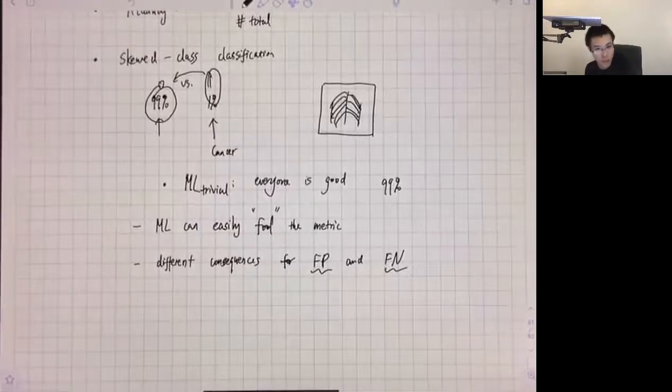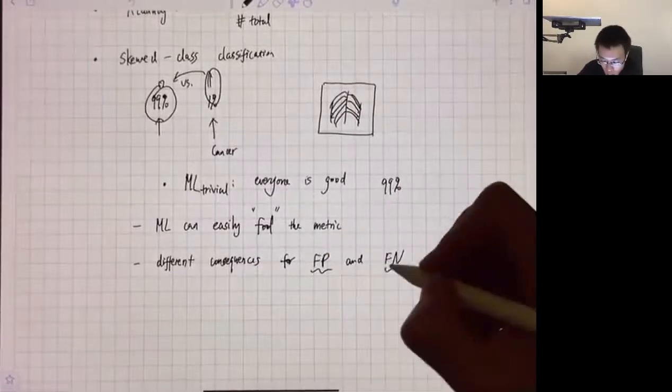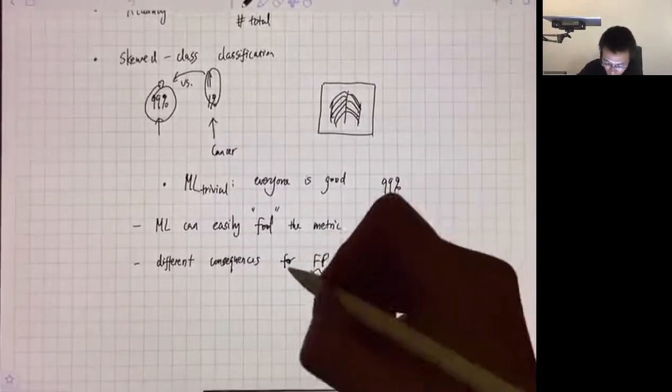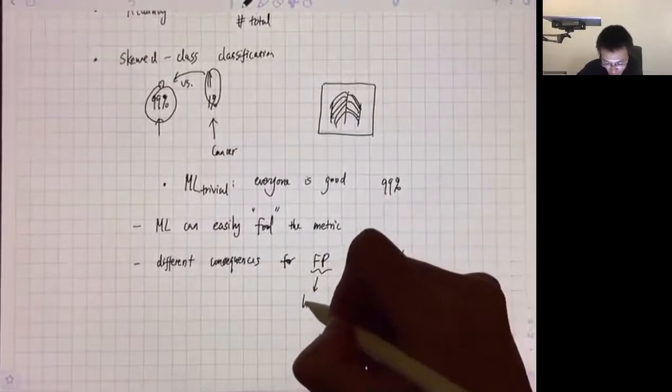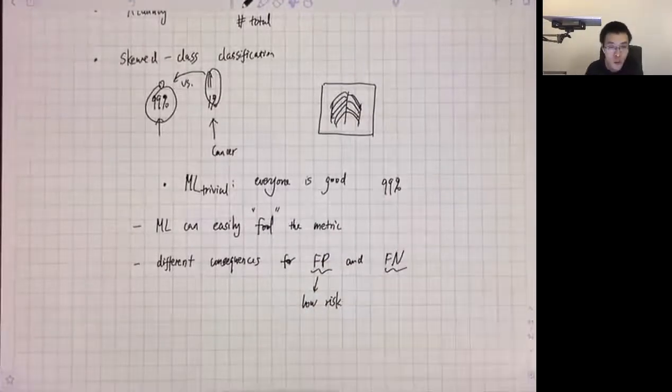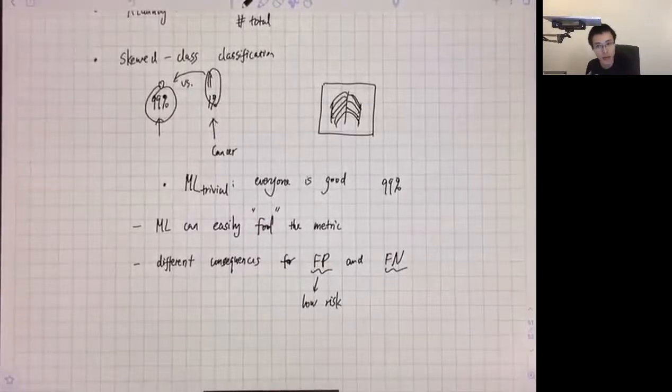Okay, I'm very happy. So for the false positive, you have a low risk if you make a false positive error. But if you have a false negative error, I have a cancer, I should have been diagnosed based on this X-ray, but unfortunately, the machine learning model makes a false negative error.